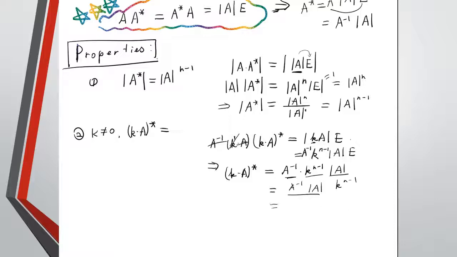And this one will give us A star times k to the power of n minus 1. Okay, so that's it. We can put our conclusion here. So the k times A's matrix adjoint will become, okay, so k, which is a number, we put it on the left, to the power of n minus 1 times matrix A's adjoint. Okay?